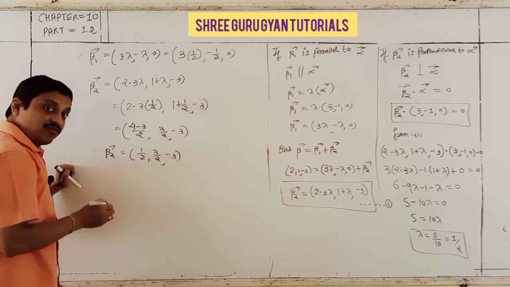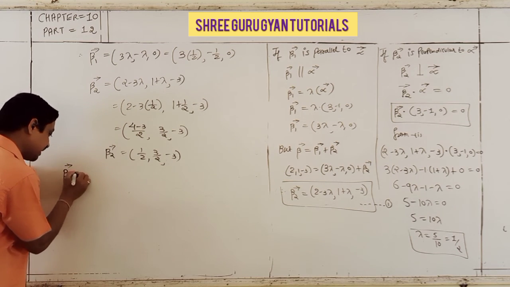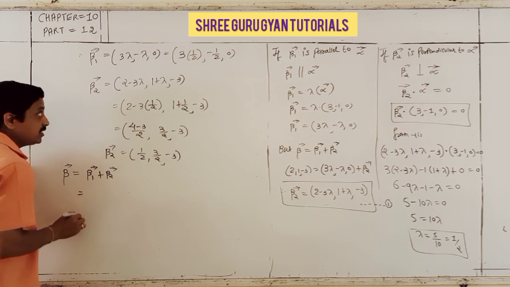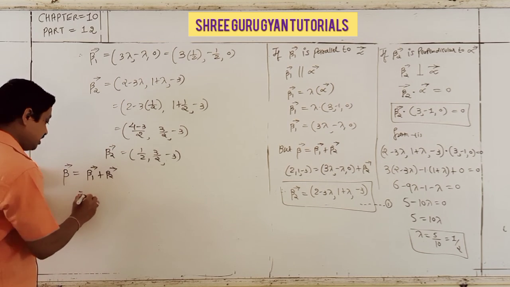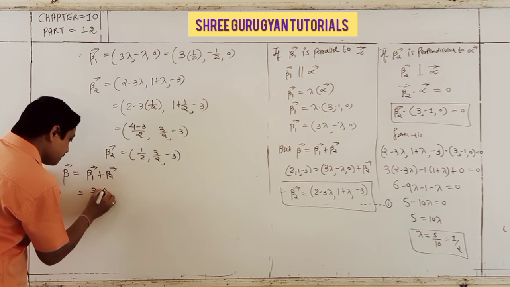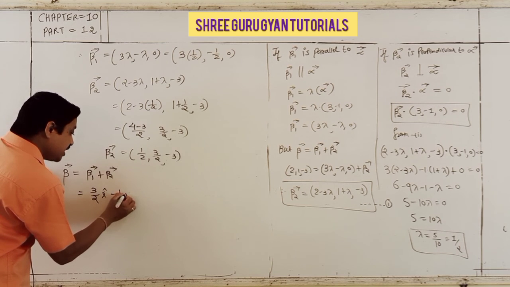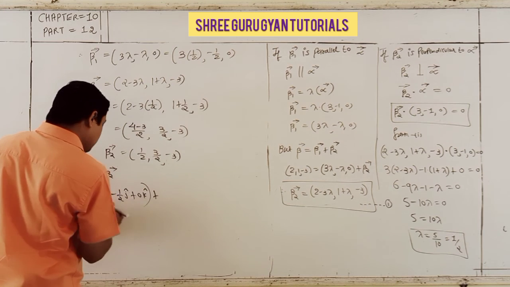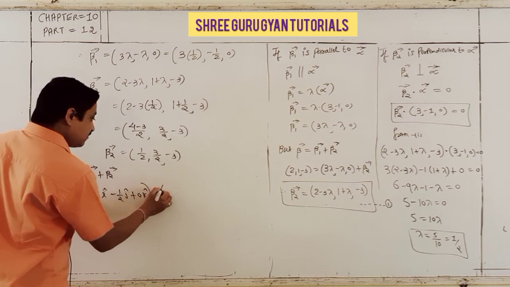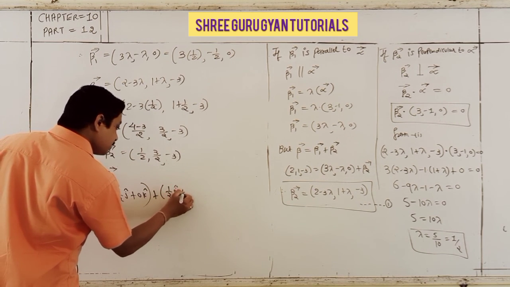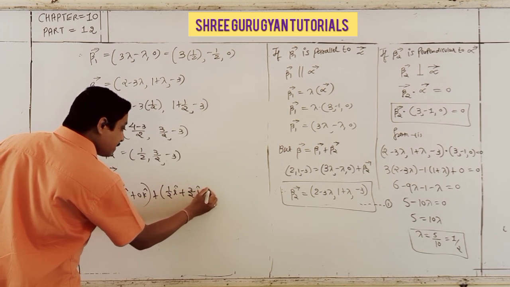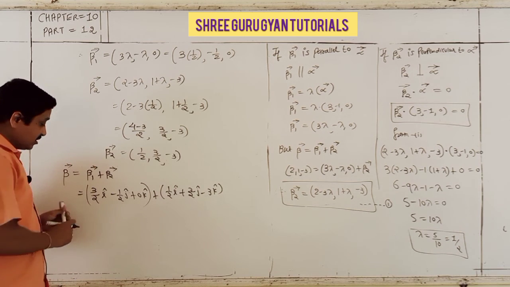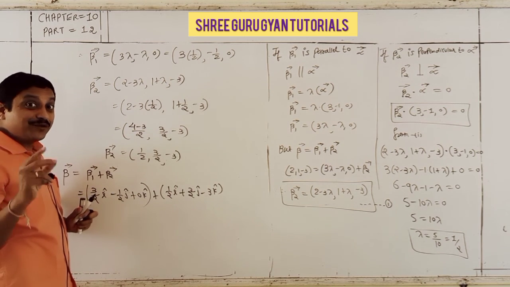Now you will check the final expression. Beta is actually beta 1 plus beta 2. What is your beta 1? Yes, that one: 3 by 2 i minus 1 by 2 j plus 0k, plus beta 2, that is half i plus 3 by 2 j minus 3k, and you check this total is actually beta. 3 by 2 and 1 by 2, 4 by 2, it is 2.